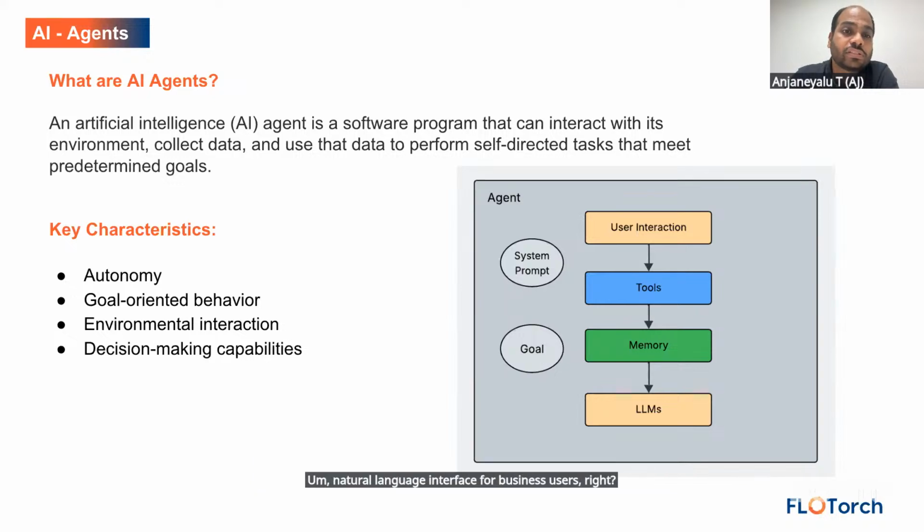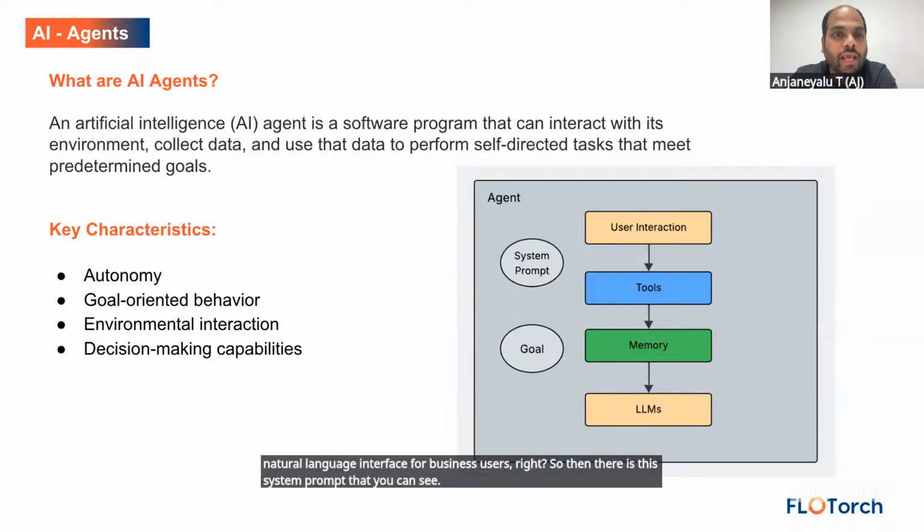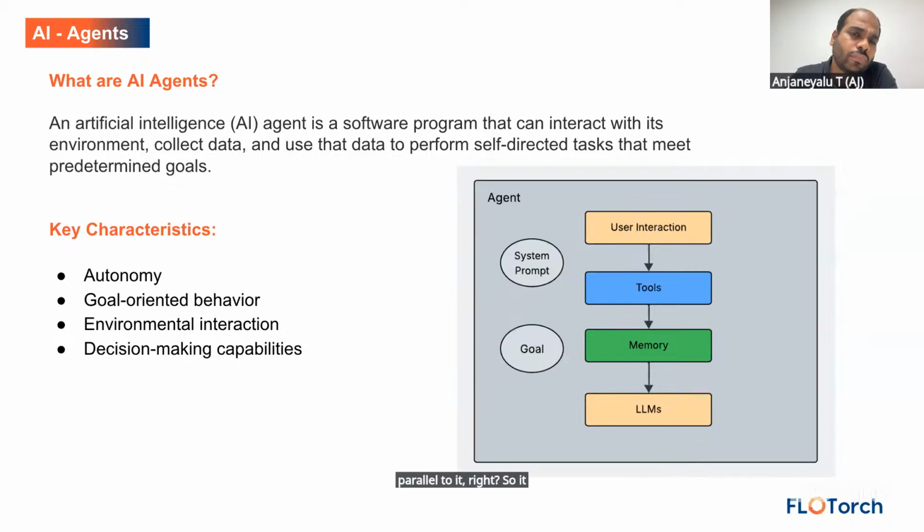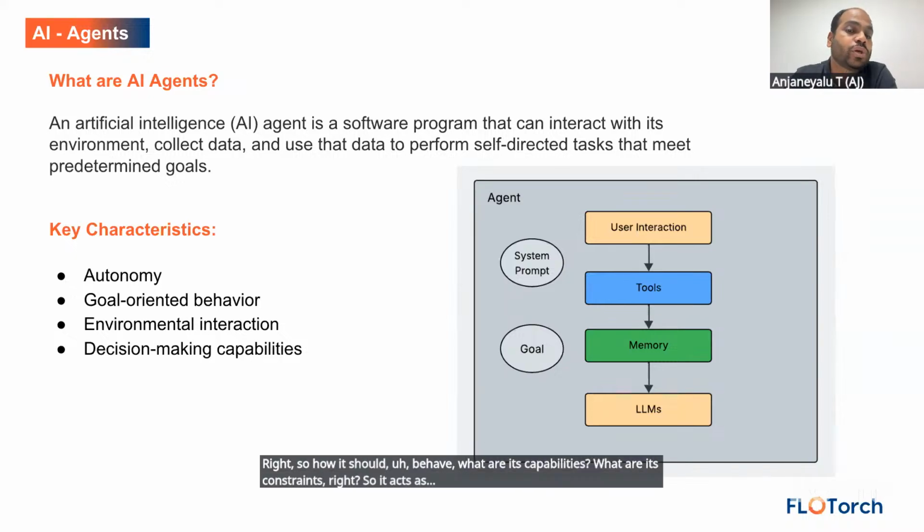Then there is the system prompt that you can see parallel to it. It defines the agent's personality: how it should behave, what its capabilities are, and what its constraints are. It acts as the agent's job description and operating instructions for how it has to behave.